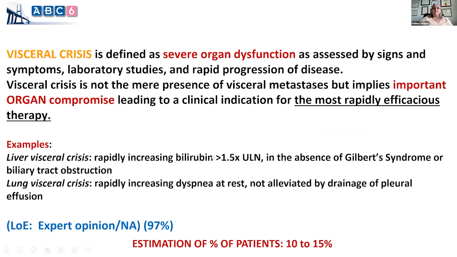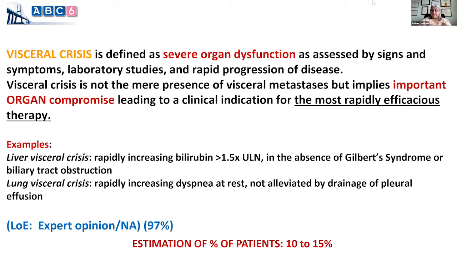Now, what is this thing about visceral crisis? You have also heard for sure about visceral disease or visceral metastasis. So visceral metastases are metastases in main organs like liver, lung, that can be dangerous, okay? But visceral crisis is a different thing. Just because you have 1 or 2 liver metastases, it is not worse than having 2 or 3 bone metastases.